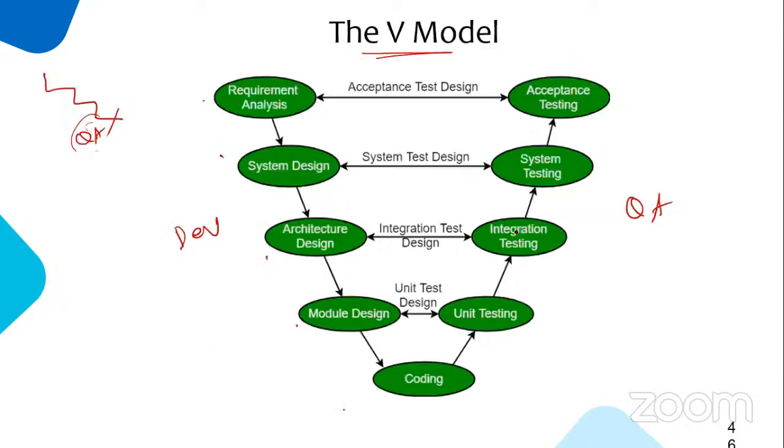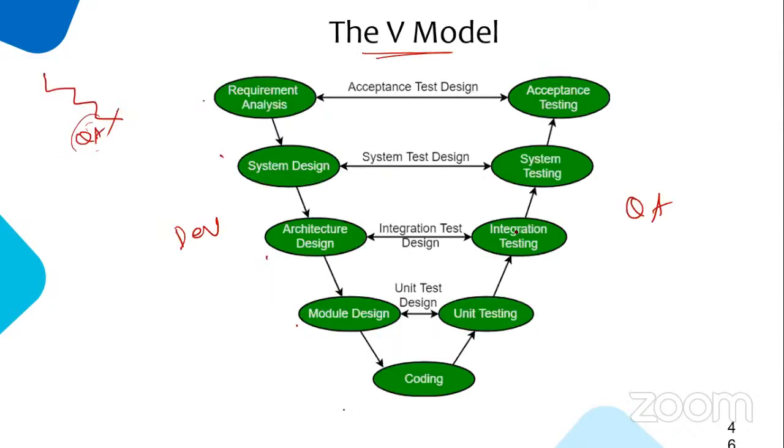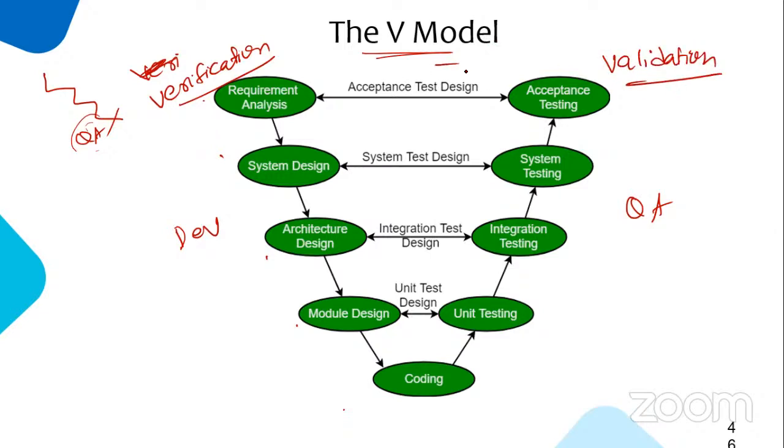I missed that point, maybe not, it is not there. Actually, that is called verification. Verification means you're checking that the requirement is properly developed, and validation means checking whether it is properly tested. Verification and validation, V and V.